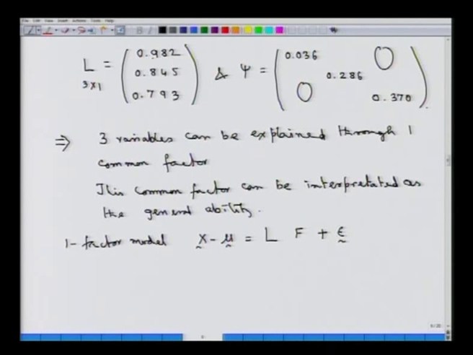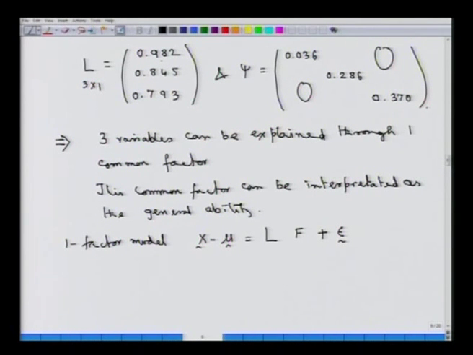Here, looking at these factor loadings, one can say that x1 is most closely related to the factor, because it has got the largest factor loading, which is 0.982. The other variables: this is the corresponding term to the second variable x2, this is corresponding to the third term, and hence the first variable as such is the variable.